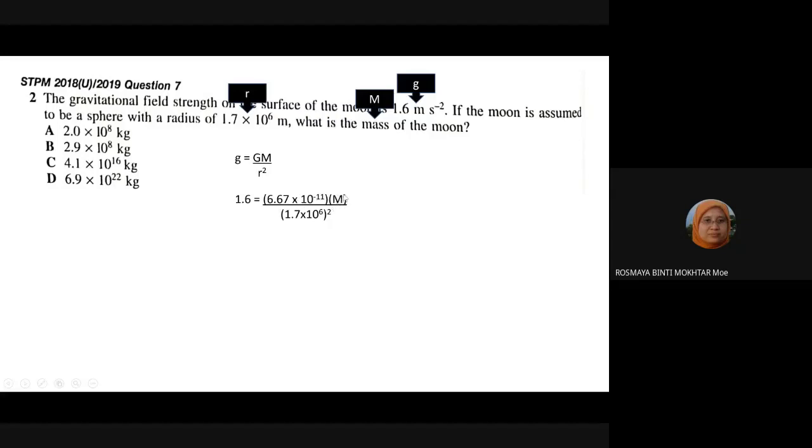So mass of the moon, and then the radius of the sphere 1.7 times 10 to the power of 6. Don't forget the square. So the answer for M is 6.9 times 10 to the power of 22. So D. So no problem for this question. Just memorize this formula for the gravitational field strength.